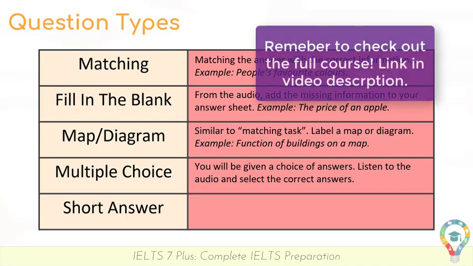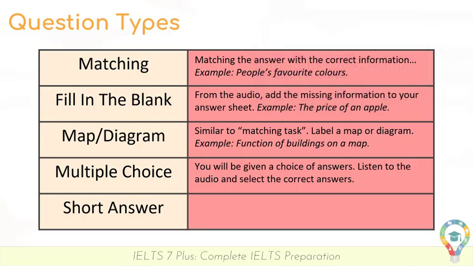Next up is multiple choice, which is actually pretty easy to understand. You'll see a question and be given a few different answers. You have to read through everything and decide which answer is correct. And finally, question type number 5 is short answer.